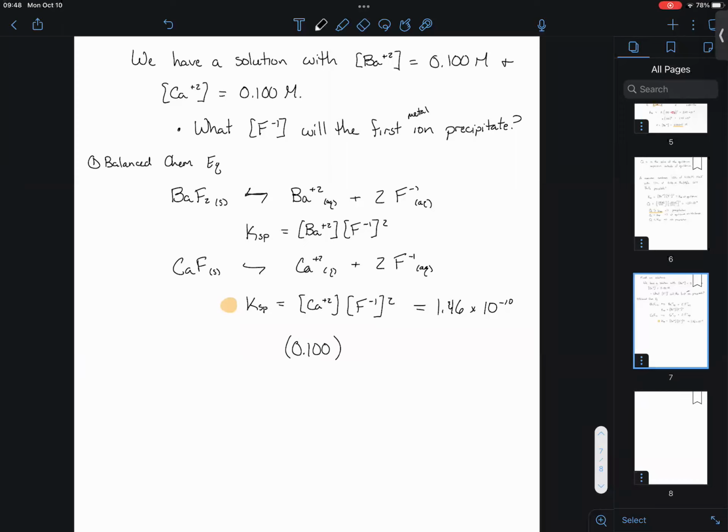I don't know the fluoride ion concentration, that's my X. But I know that the product of those two together is going to equal 1.46 times 10 to the negative 10.